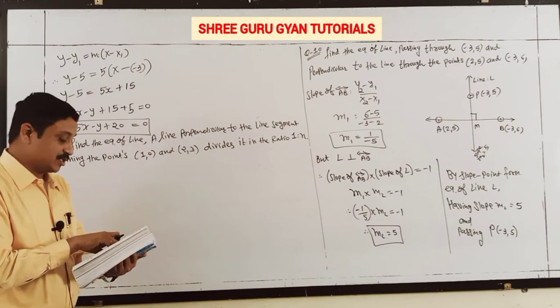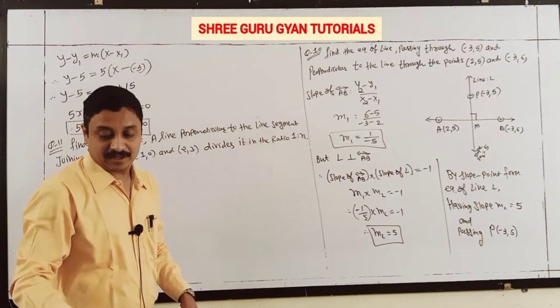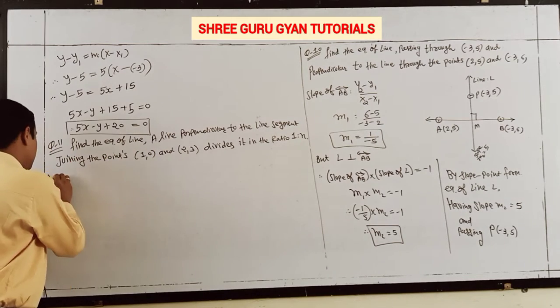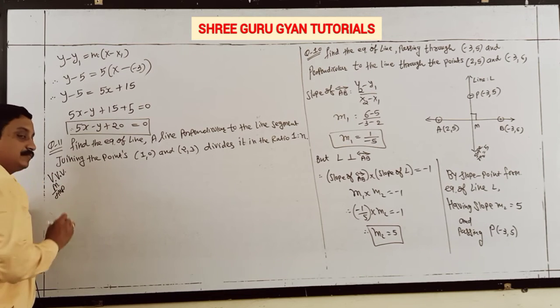Again I check my question: (1, 0) and (2, 3) divided in the ratio 1:n. Okay students, tick mark this also as a very important numerical.